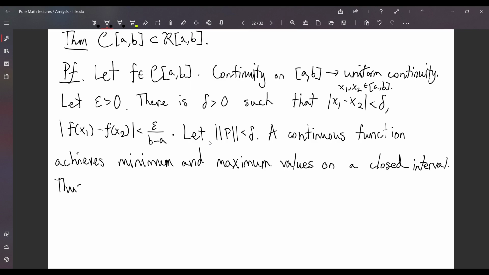Thus, f achieves m sub I and capital M sub I on every interval of our partition.